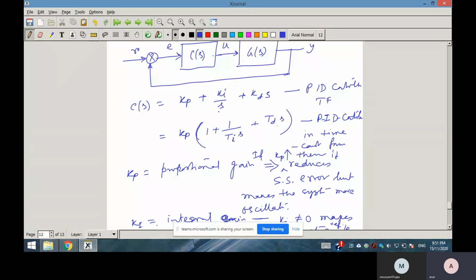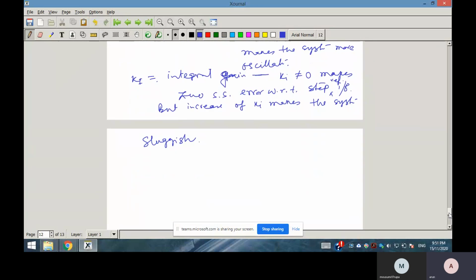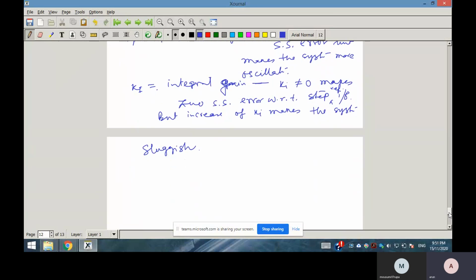So if you increase Ki, what are you doing? You are adding an additional pole to the system.